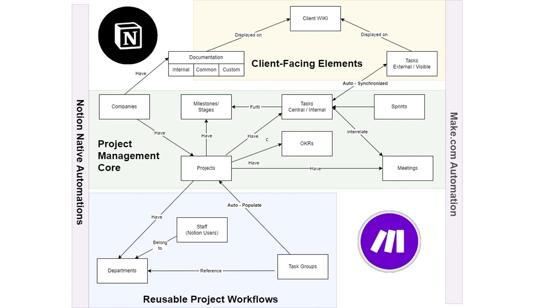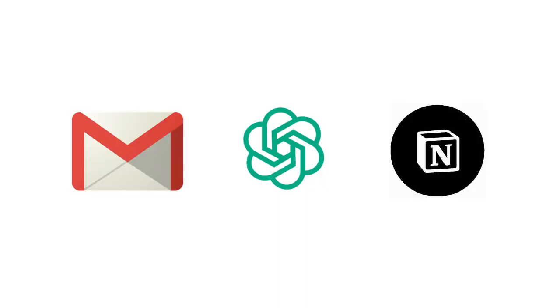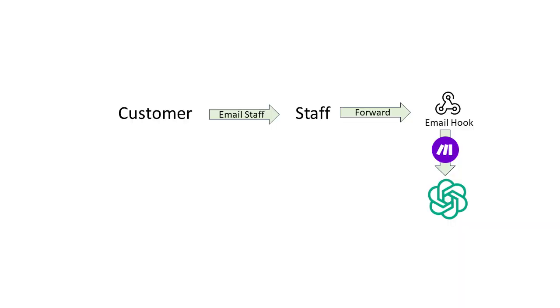Lastly, you can customize your client portals, including access to various setups for private or public access to wiki or documentation repositories. To wrap up the overview, I'd like to highlight one of the ways of getting client requests into Notion using email and AI. A standard flow is that a customer emails somebody on your team with a request.